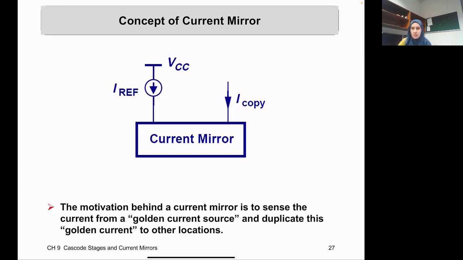Now there is another concept in this chapter, which is about current mirrors. The use of the current mirror is that we are mirroring the currents, or having extra copies of the same current or multiples of it, without needing multiple current sources on chip.